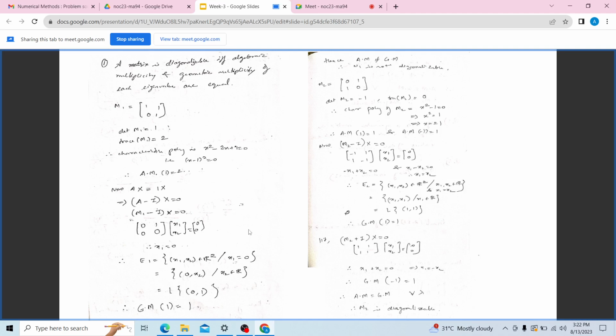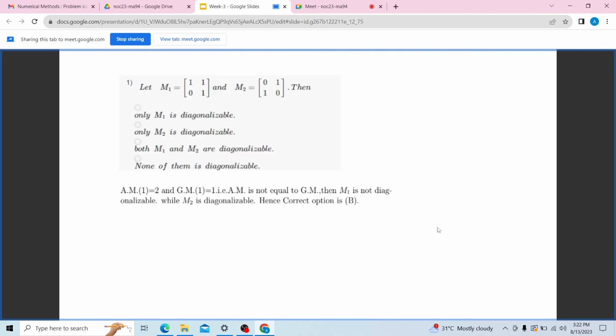So in this way, we have found that matrix M1 is not diagonalizable and M2 is diagonalizable. Therefore, option B will be correct. Only M2 is diagonalizable. Fine.